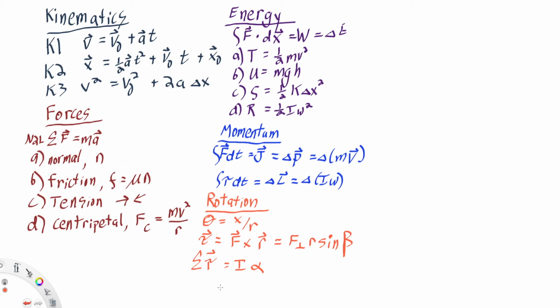Possibly the most interesting thing from this section is that the moment of inertia of a point is equal to mr squared, and this came from a reorganization of Newton's second law, and that the moment of inertia for some larger object is just the integral over all of its points.